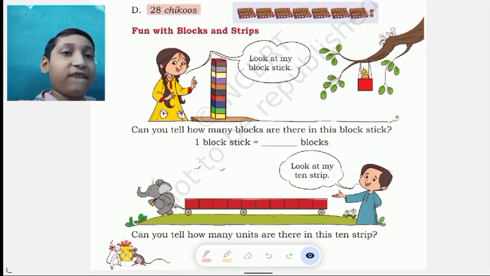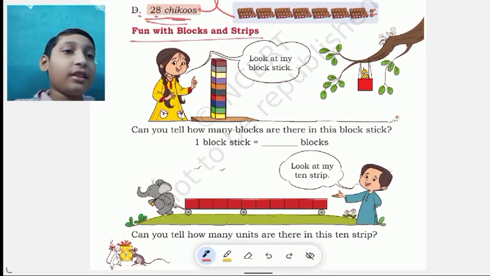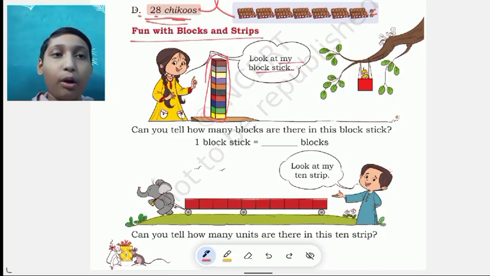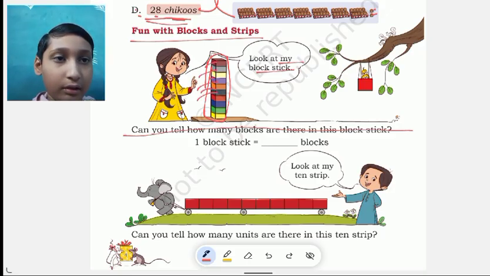Now, fun with blocks and strips. This is a block strip which has 10 blocks in it. Can you tell how many blocks there are in this block strip? So there's 1, 2, 3, 4, 5, 6, 7, 8, 9, 10 blocks.